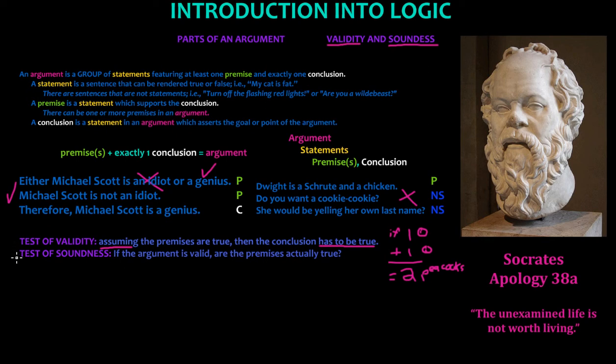The second test is now focusing on the actual premises themselves. Are they actually true? We are no longer assuming, we are now determining whether or not the conclusion can in reality rest on the strength of the premises.